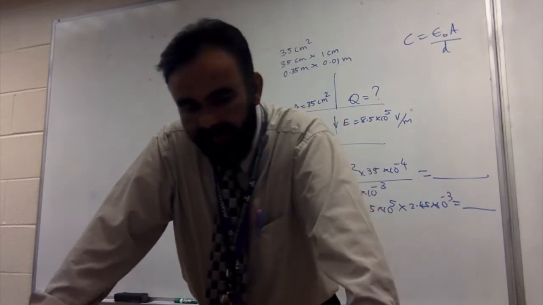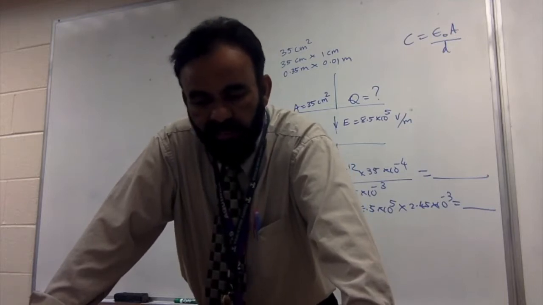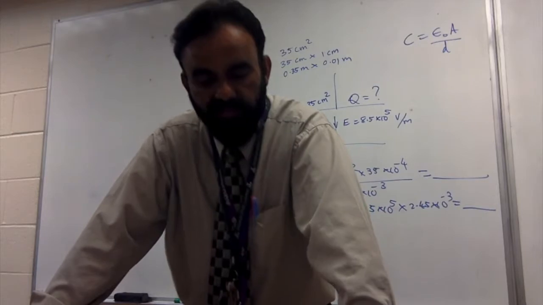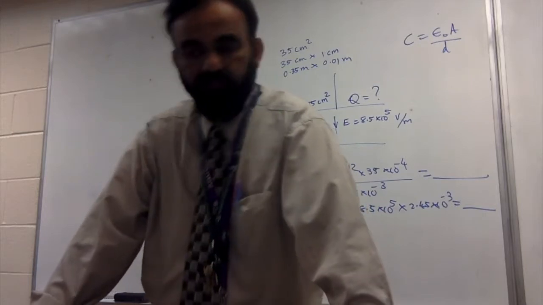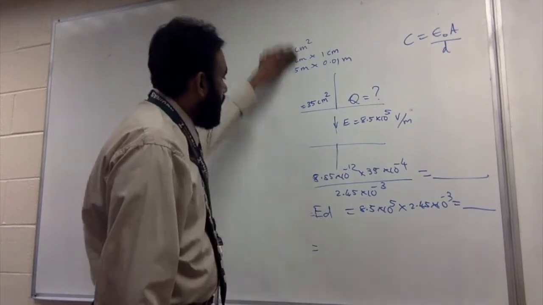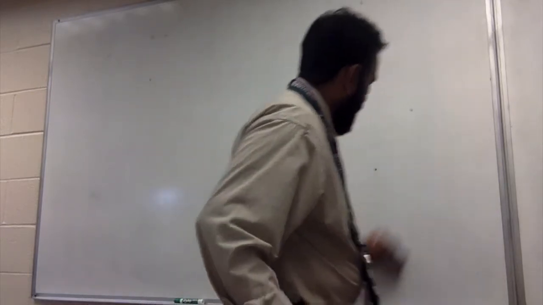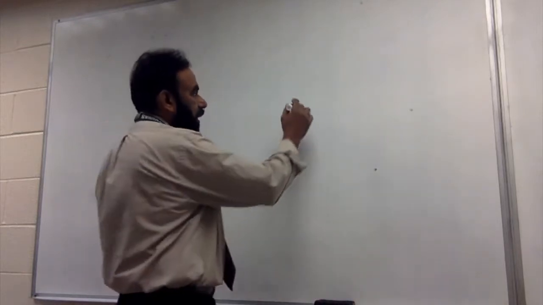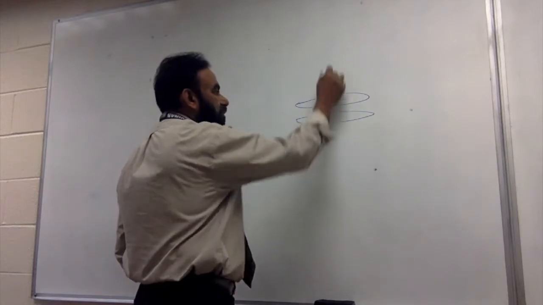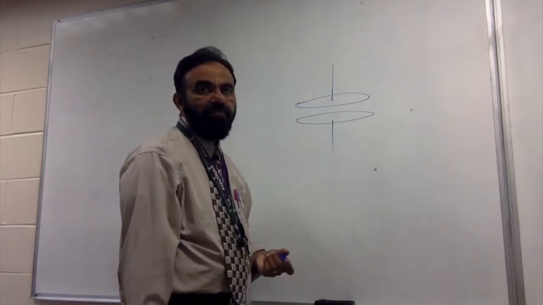A homemade capacitor is assembled by placing two 9-inch pie pans. The pie pans are made of aluminum. When they say 9 inches, it's the diameter.